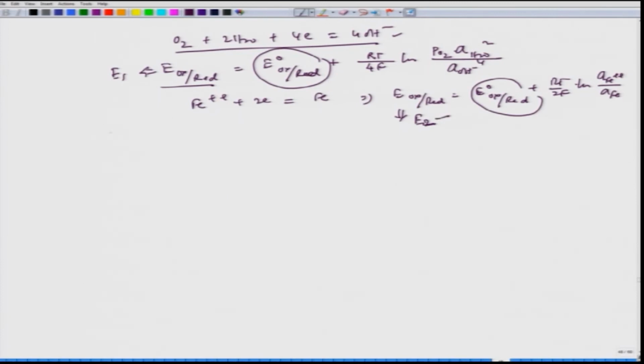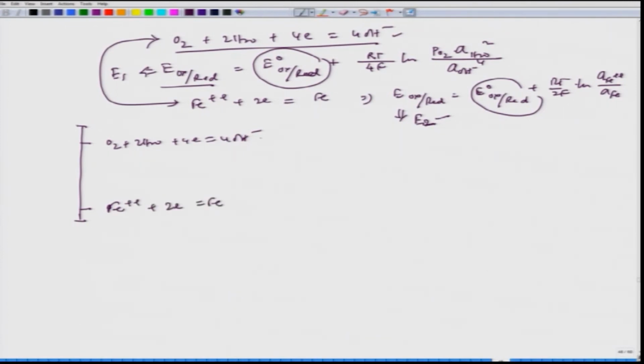So, if we have a couple between these two, this is the series. Here we mention O2 plus 2H2O plus 4e equal to 4OH minus, and here we mention Fe++ plus 2e equal to Fe. This is the position of those two.